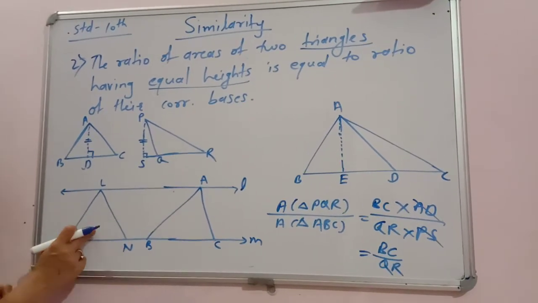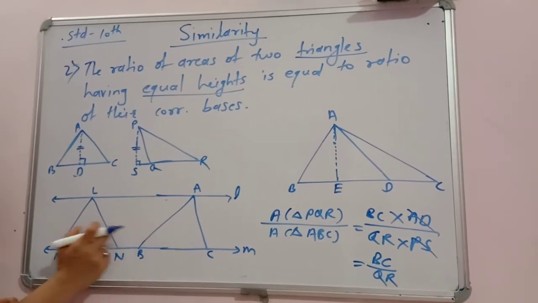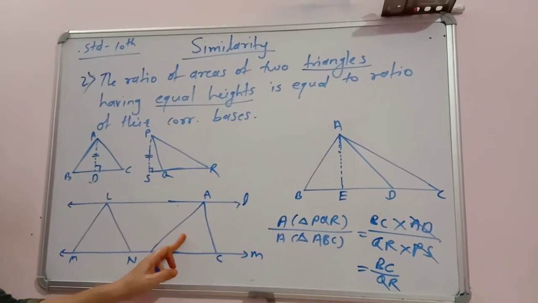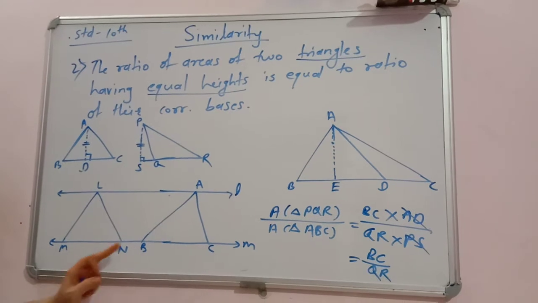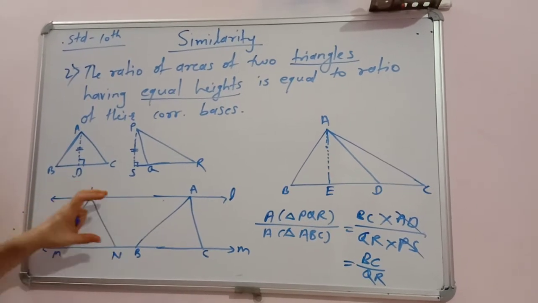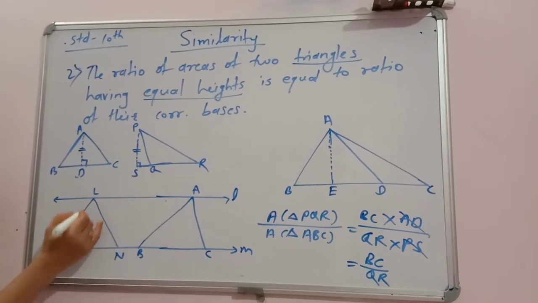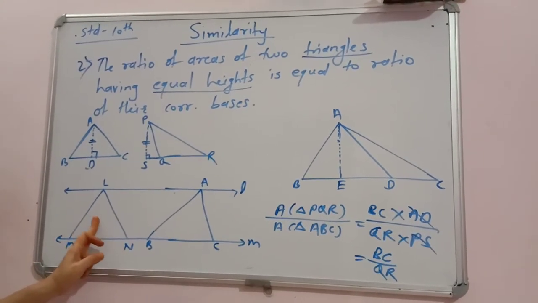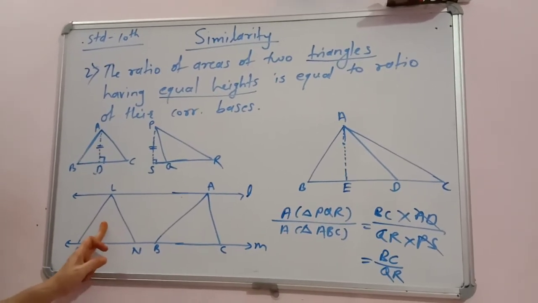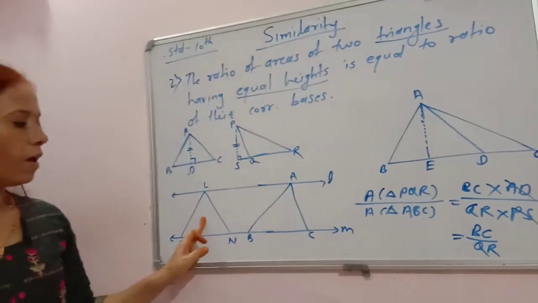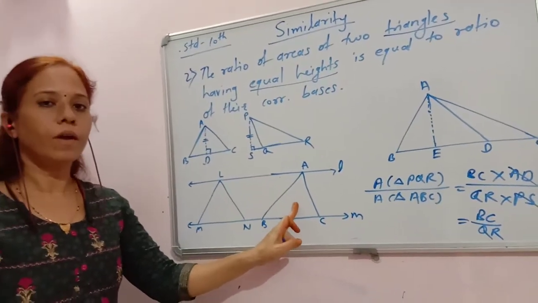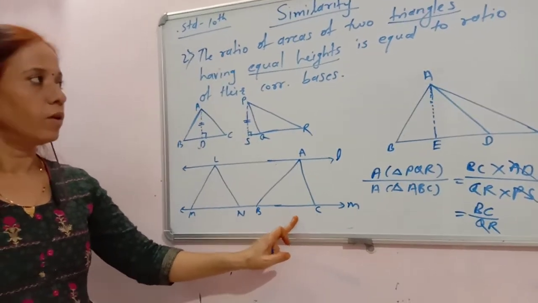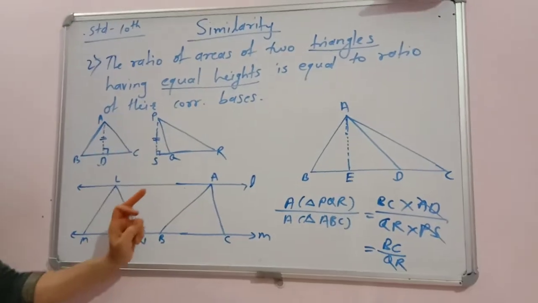So these two triangles have the same heights. Then the ratio of their areas is also equal to the ratio of their corresponding bases. Now if these two are parallel lines, MN and BC will be the bases. So what is the ratio of the areas of these two triangles? Area of triangle LMN upon area of triangle ABC is equal to MN upon BC. Read this and understand these concepts.